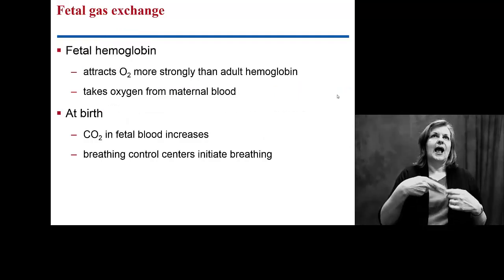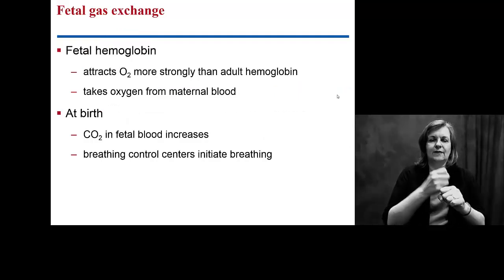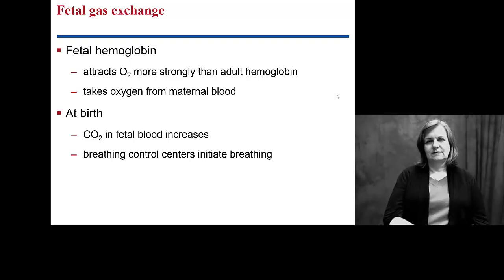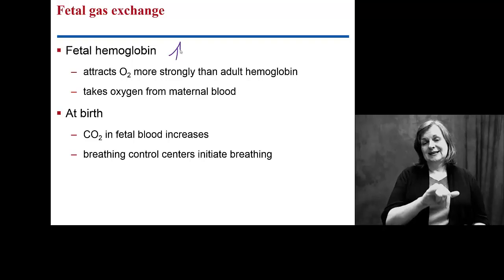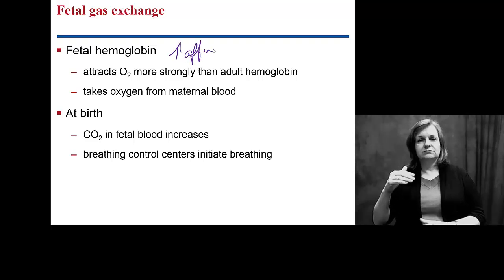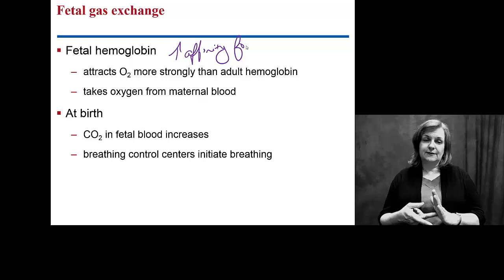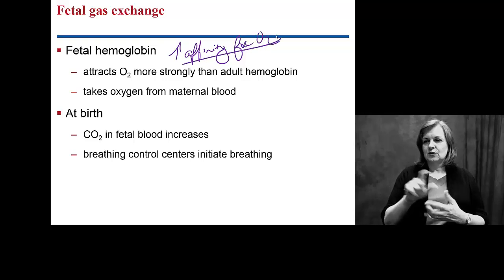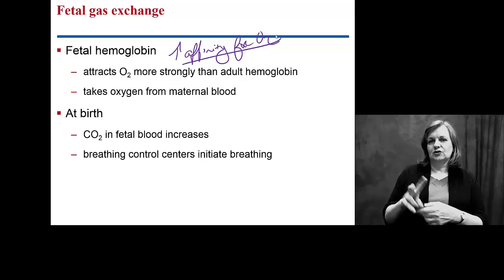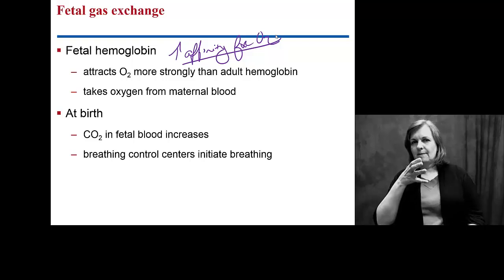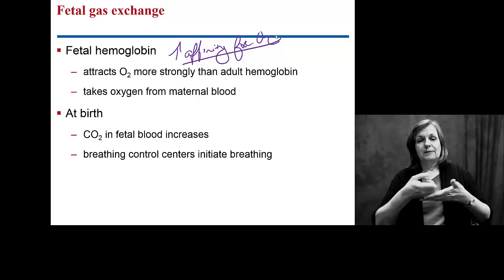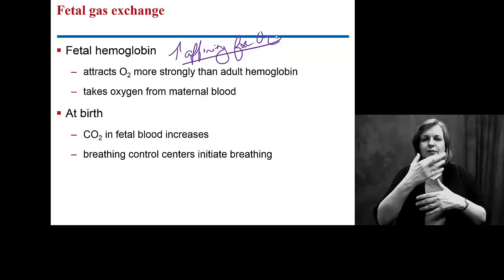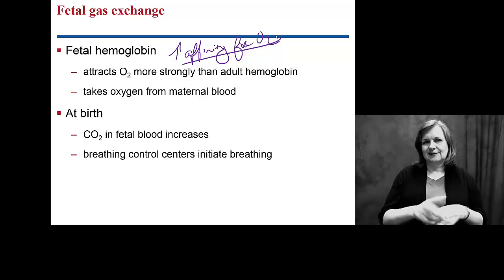And what we look particularly at is the fact that fetal hemoglobin is very, very good. It has a very high affinity for oxygen. It actually has a higher affinity for oxygen than adult forms of hemoglobin, which means that the fetus is going to be taking as much oxygen as it possibly can away from mom.